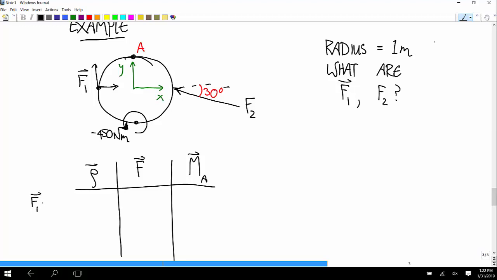So the first row is going to represent F1. What's the row vector for that force? It goes from A to where the force is applied. So it's going to go one radius of the circle in the negative x direction, and then one radius of the circle in the negative y direction. So negative one, negative one, and then 0 for z. Any questions about that?